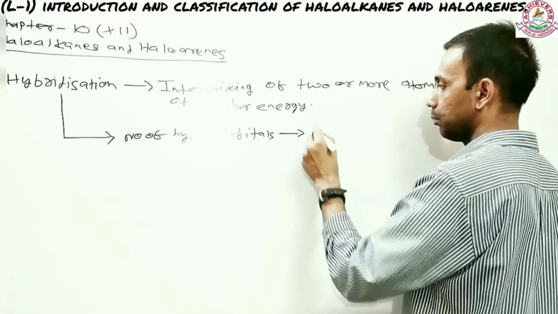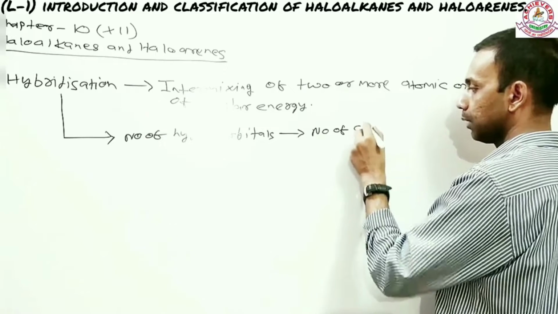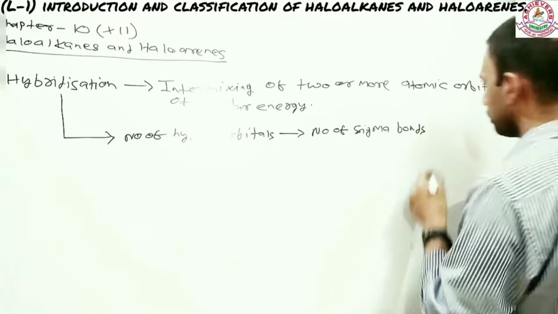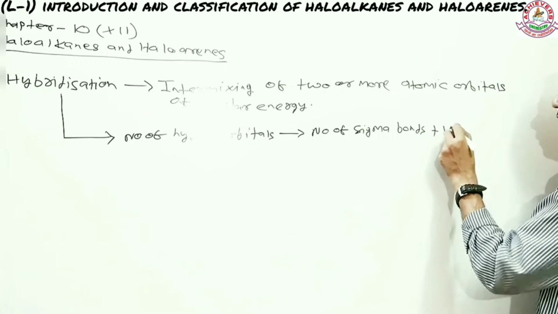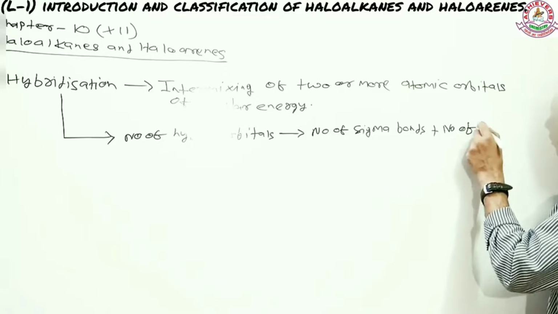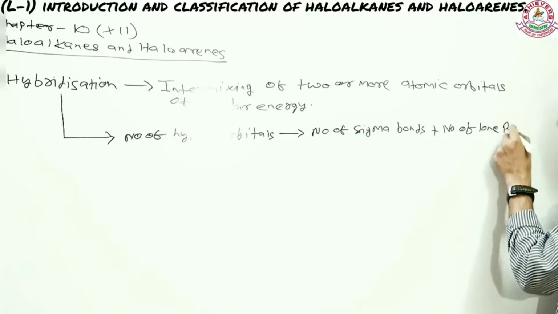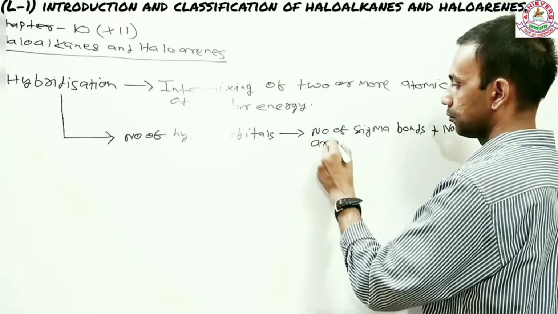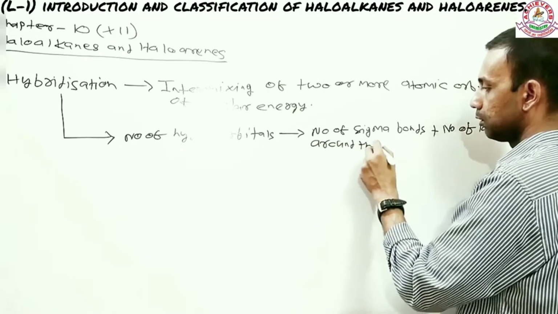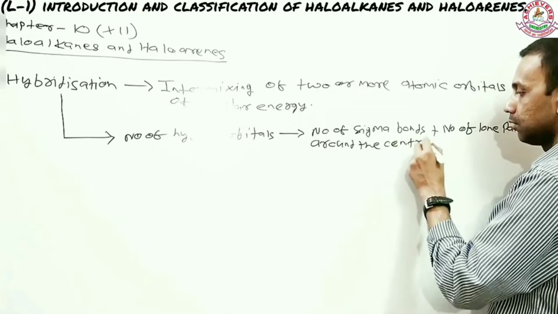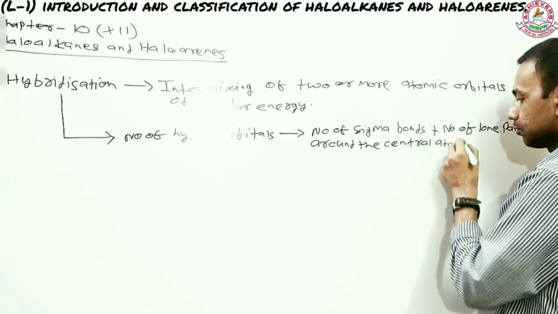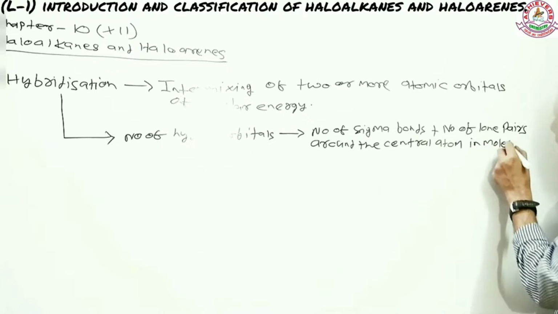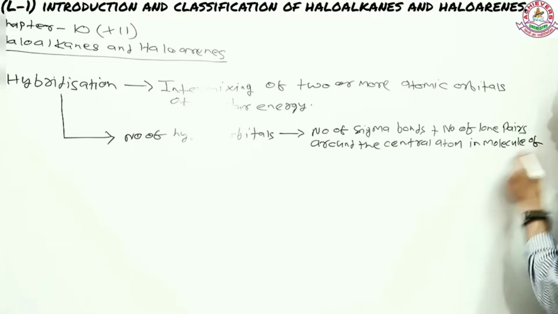It is the number of sigma bonds plus the number of lone pairs around the central atom in a molecule of a compound.